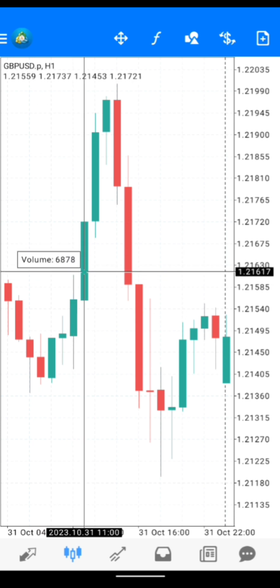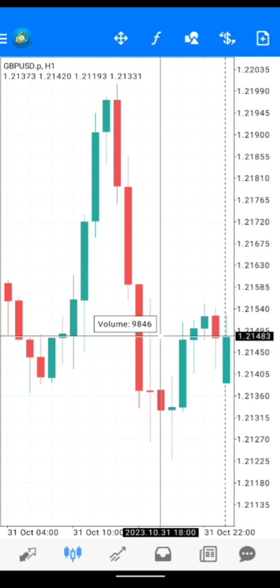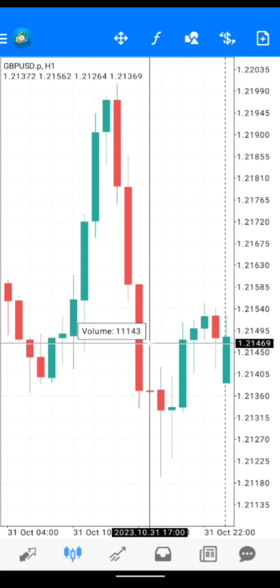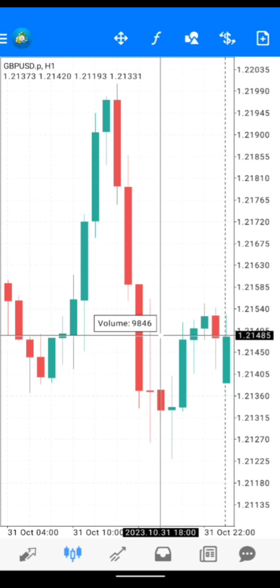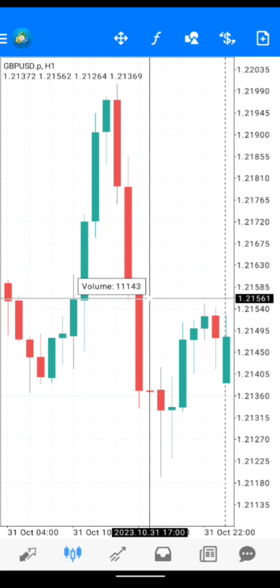So this candle here opened at 1.21483. Since this is a bullish candle, it closes higher, so it pushed lower first. The bulls, the buyers, managed to push it back to the open price, pushed higher to the 1.21610 level, and closed here.